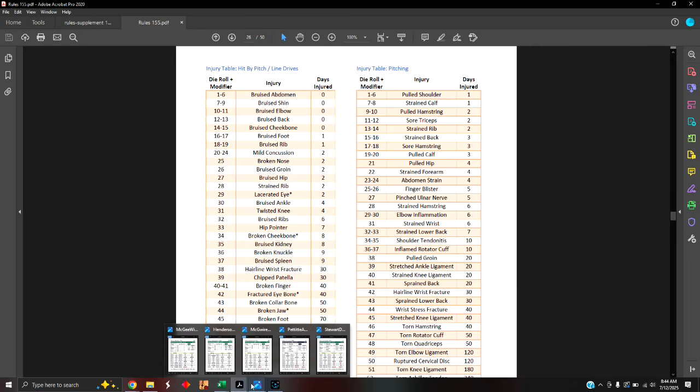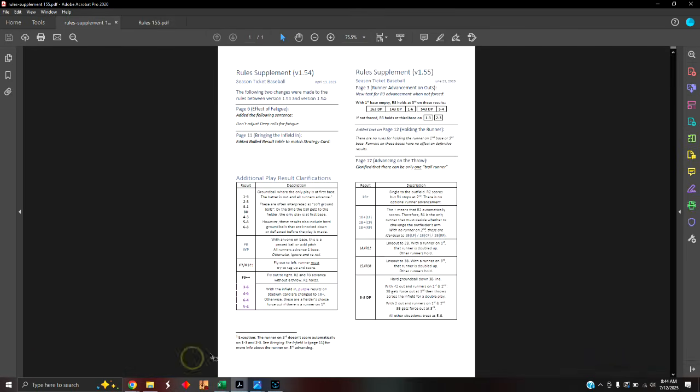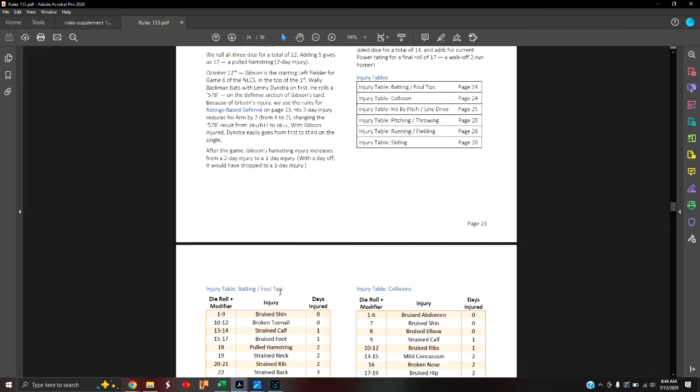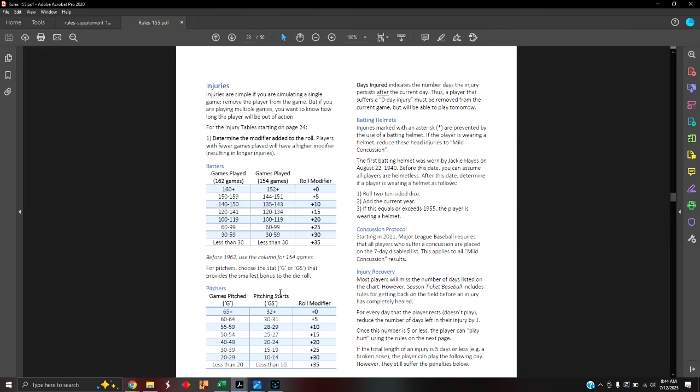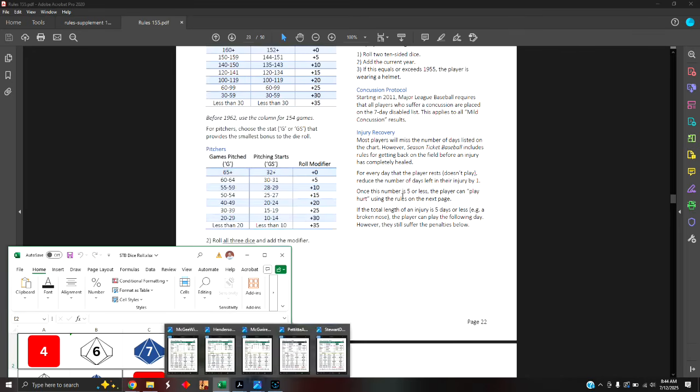Let's do another example with Dave Henderson. So Dave Henderson's roll modifier was, what did we say? +15. Yeah, +15. And so we roll. 17 plus 15 is 32.